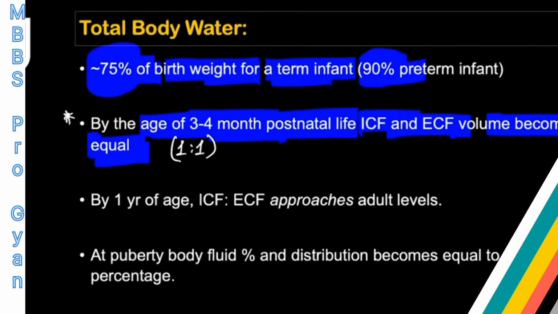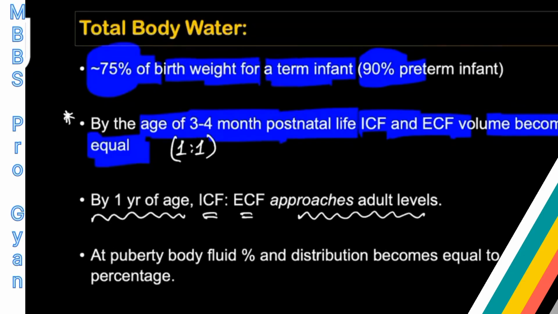Then, if I ask you at which age group the percentage distribution is equal to adult percentage distribution, your answer will be puberty. But look, by the age group of 1 year, ICF and ECF approach the adult level, it almost becomes 60% of the total body water. Adult level percentage is reaching, it is going close to adult level at 1 year of age.